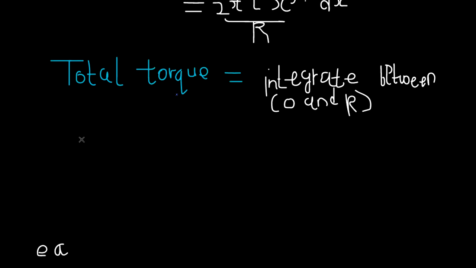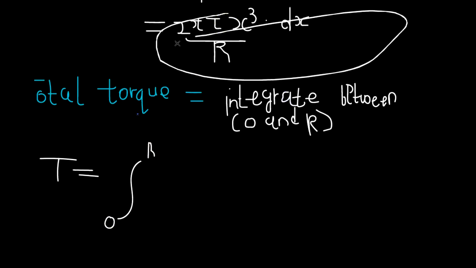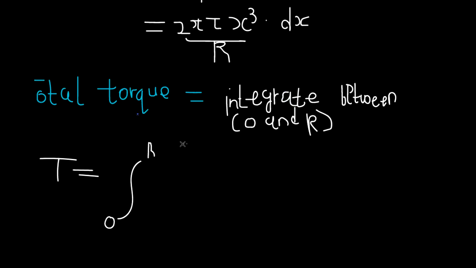So the total torque T equals the integration, between 0 and r, of 2 pi tau x cubed dx, all divided by r.